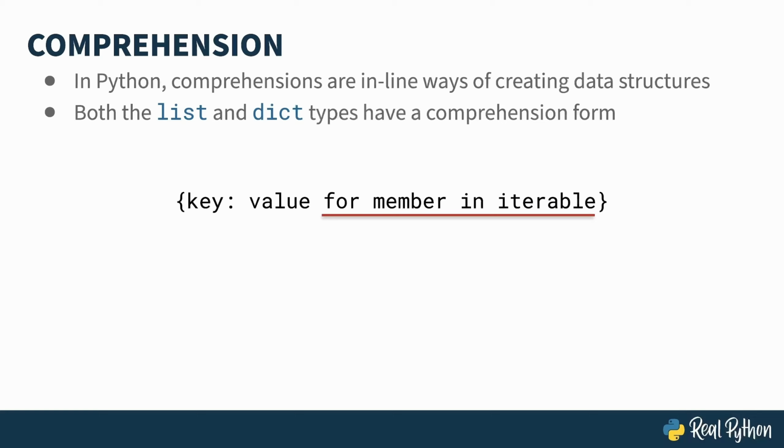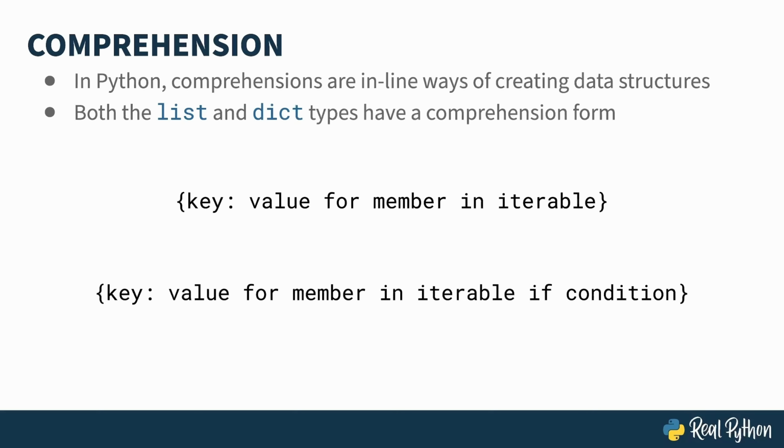In Python, this process is called iterating, and an iterable is anything that can be iterated over. Member, in this case, is the target of the iteration. The portion here to the left of the loop declares the key value pair that is to be inserted into the dictionary. This is almost always something based on that iterator target in the for. So key and value would be constructed based on member in this particular line.